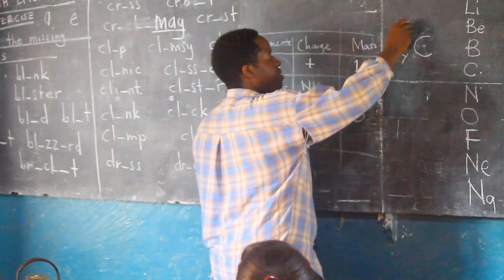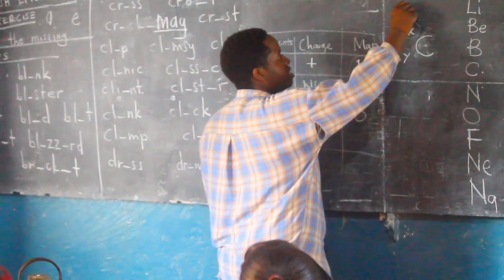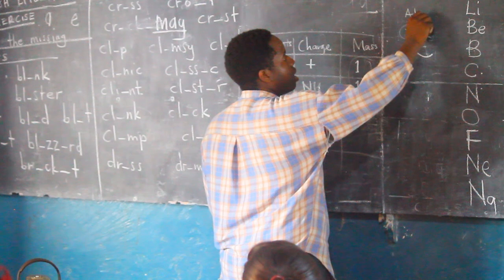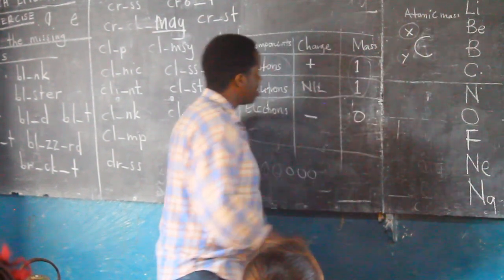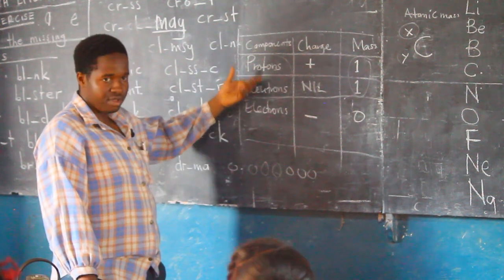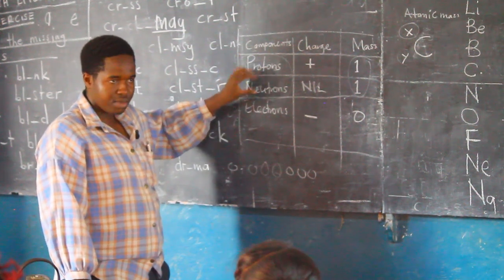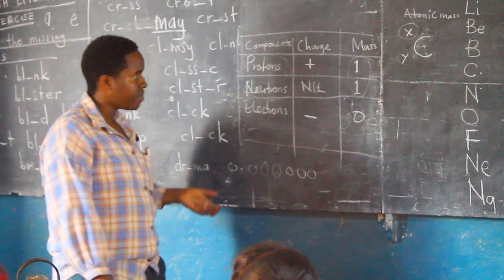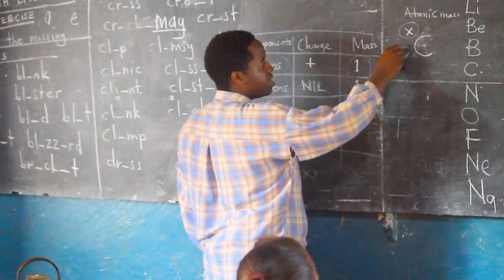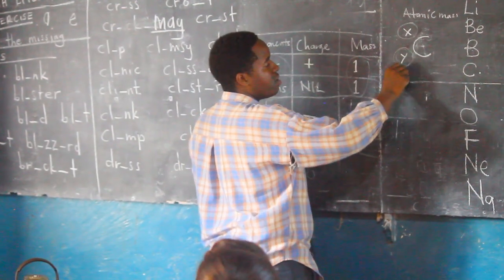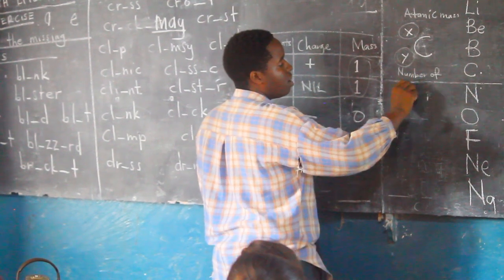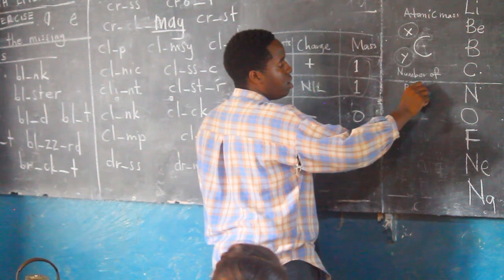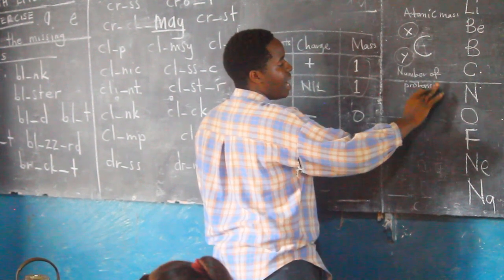The figure up here represents the atomic mass. That means the mass of the whole atom. But down here indicates the number of protons alone.